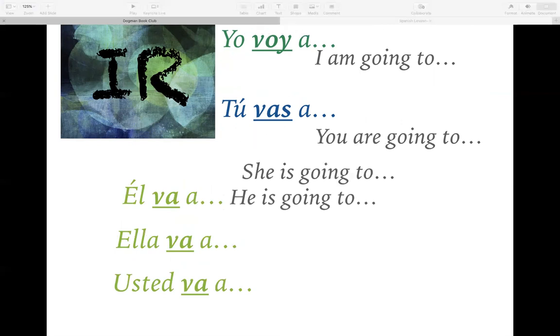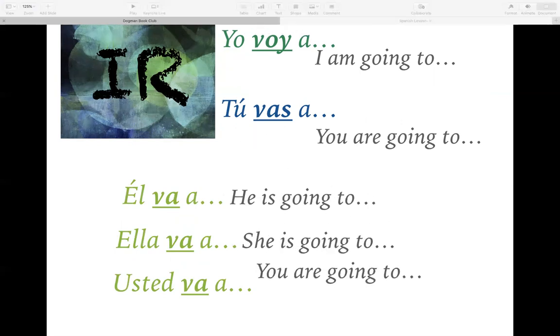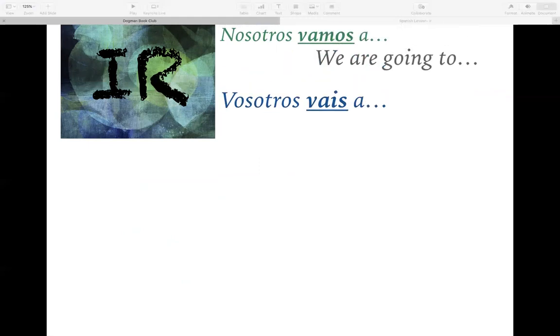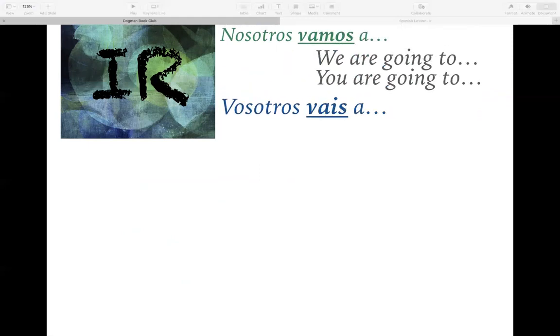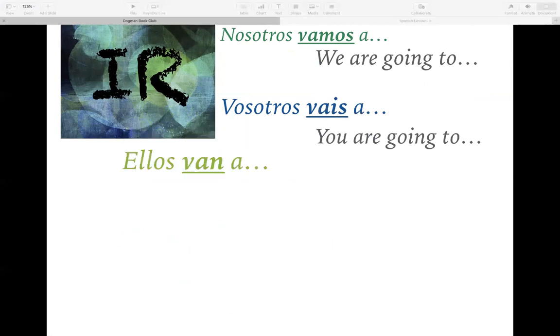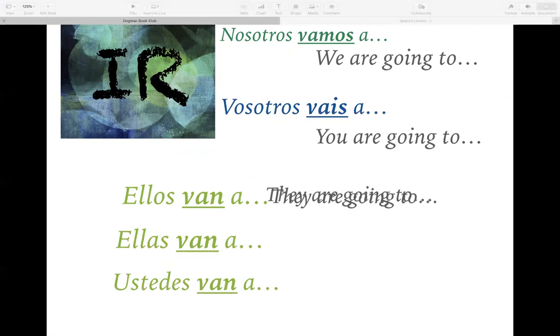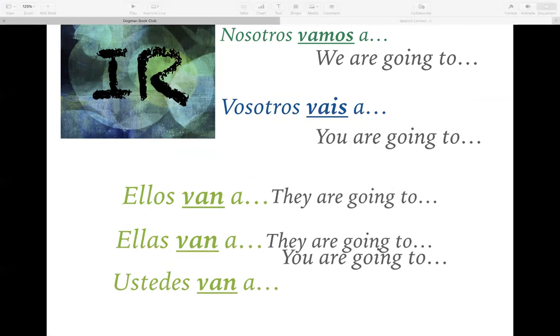He is going to, she is going to, you are going to. Usted obviously being the more formal you. The last couple, nosotros vamos a, we are going to. Vosotros vais a, you are going to. Ellos van, ellas van, ustedes van. They are going to, and you are going to.